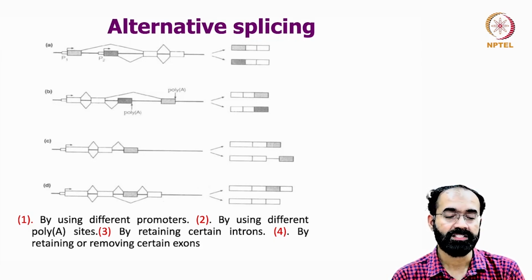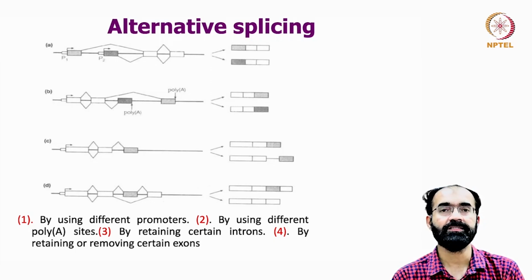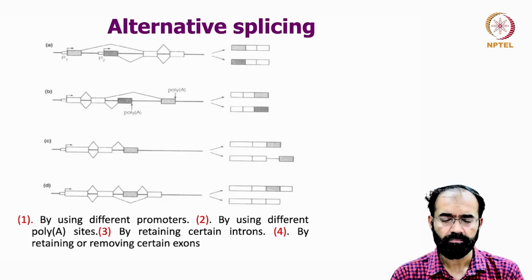So you have first intron, second intron, third exon, and third intron is now acting as one giant intron. So you end up getting first exon, second exon, and fourth exon. Third exon is skipped. So this is the way it will bring in extra diversity.